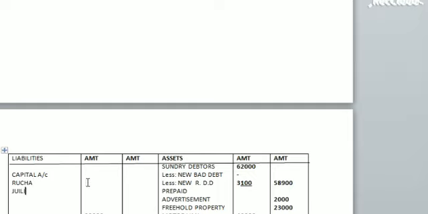The amounts will come here, that is 1,21,623 and 60,311, and the total of this we will write here in the outer column, that is 1,81,934. So here we have done with our balance sheet.